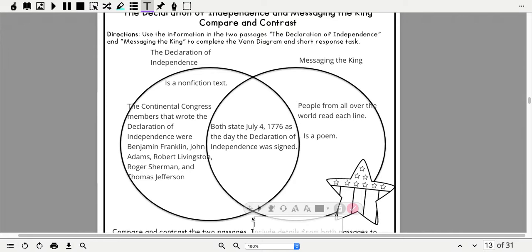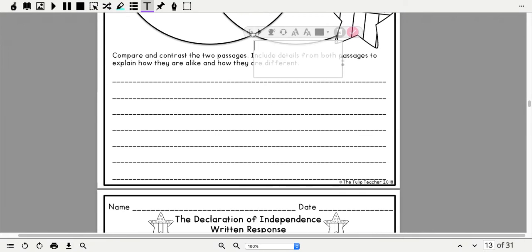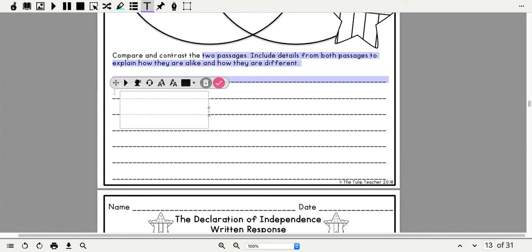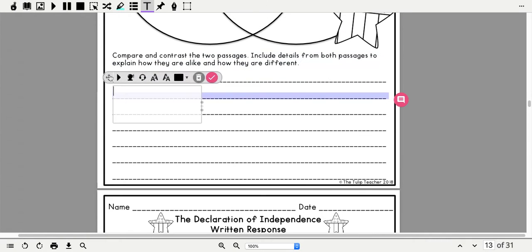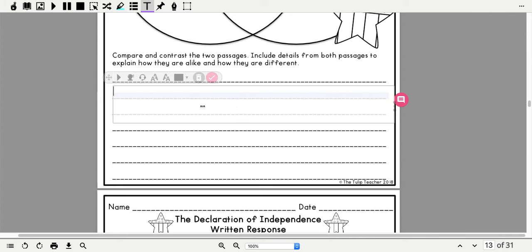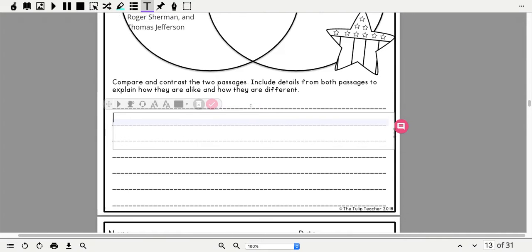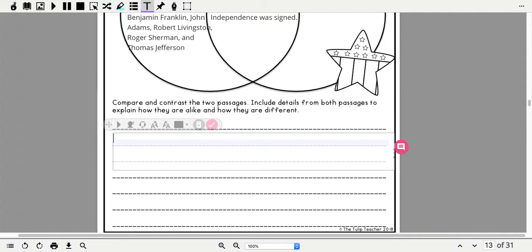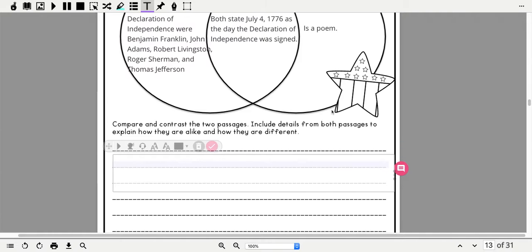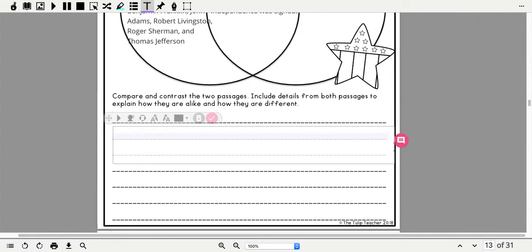Now that I have this filled out, I'm going to come down to the bottom where it says compare and contrast the two passages, including details from both passages, to explain how they are alike and how they are different. I'm going to start with how they are alike, and I'm going to restate that.